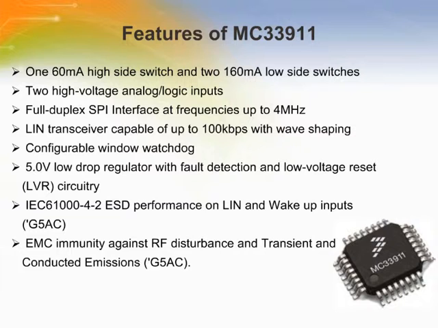The device provides full SPI readable diagnostics and a selectable timing watchdog for detecting errant operation. The LIN protocol specification 2.0 and 2.1 compliant LIN transceiver has wave shaping circuitry that can be disabled for higher data rates.